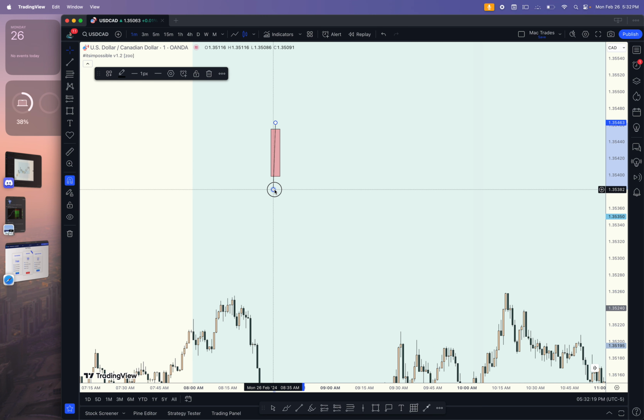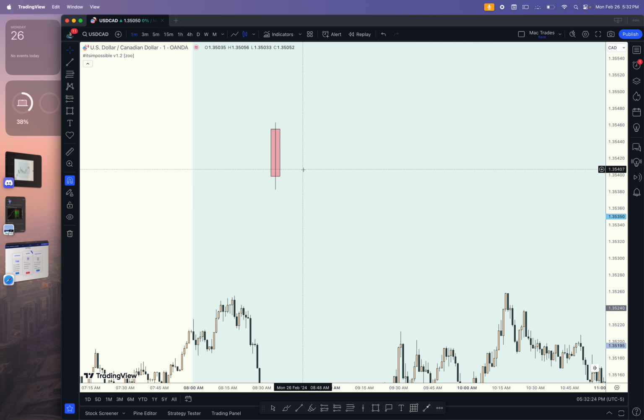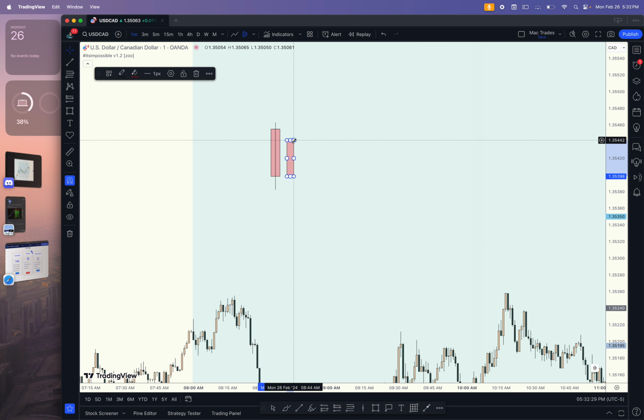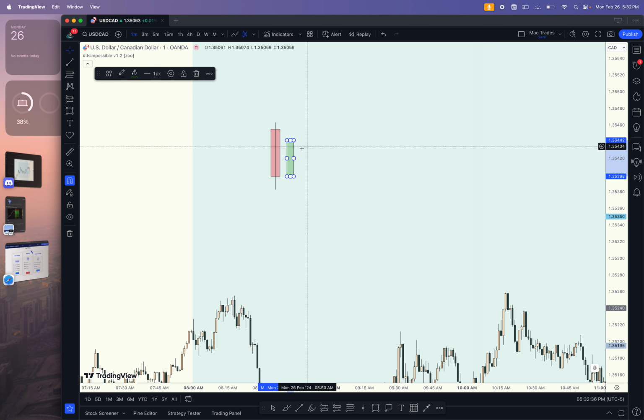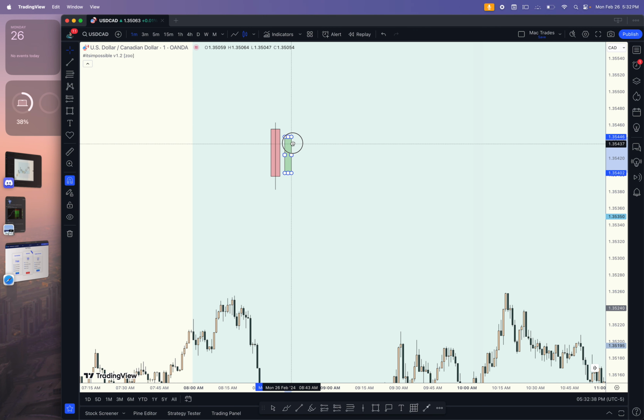Sometimes what the market will do is it will create an inside bar. Just one single candle. It doesn't have to be more than one. Right, so let's say this is our bullish candle.